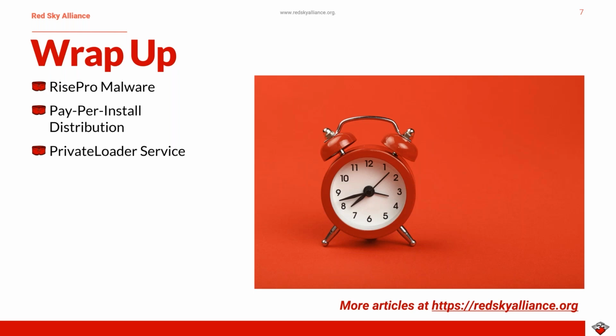We also described a little bit about what pay per install, or PPI, means in the context of malware. A PPI service involves maintaining a large group of infected machines such that install services can be offered to a threat actor client seeking to have their malicious software installed on a large number of machines.